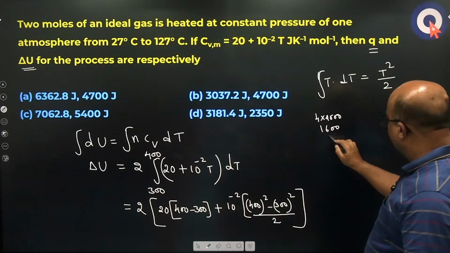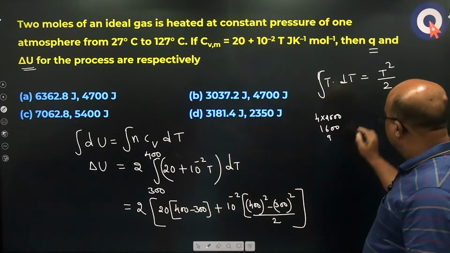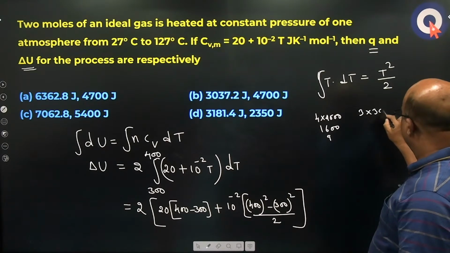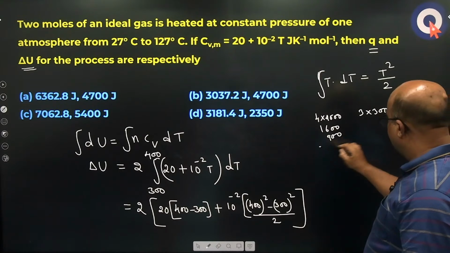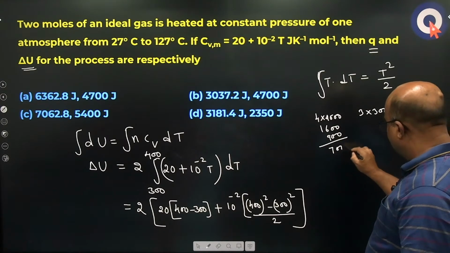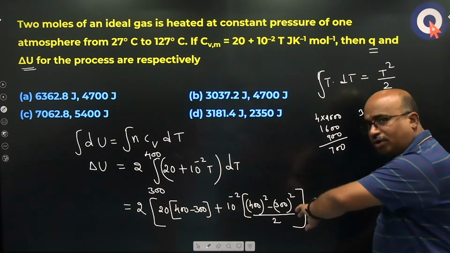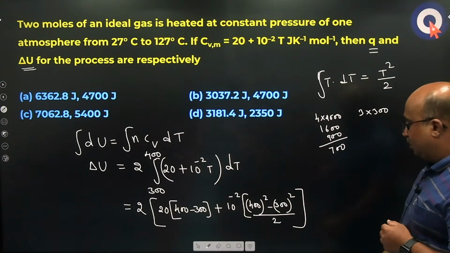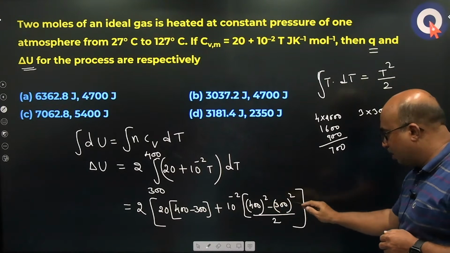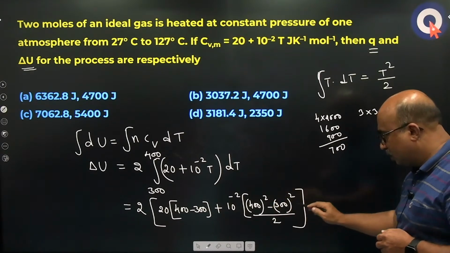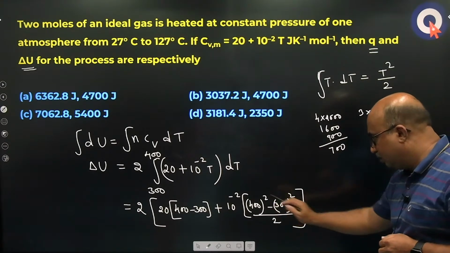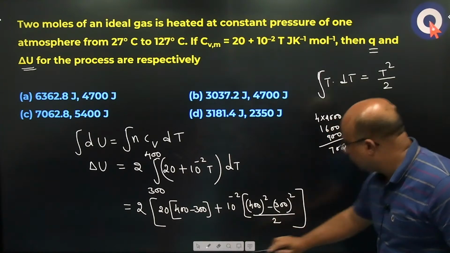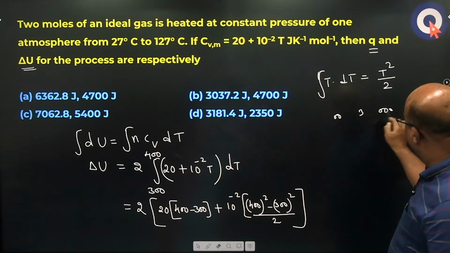This is nothing but 3 into 300, it's nothing but 900. So it's nothing but 700, because 10 square we have taken outside. Clear? So 10 square common in this part, we just take it; otherwise we do it like this.